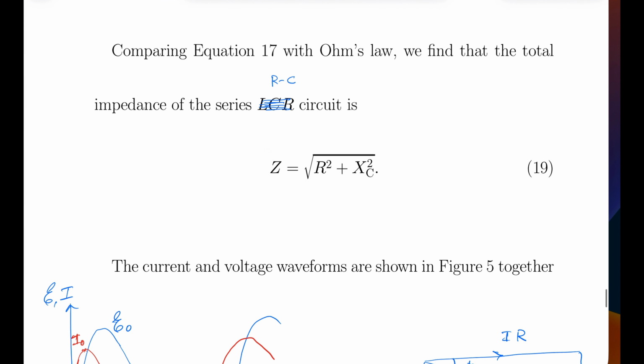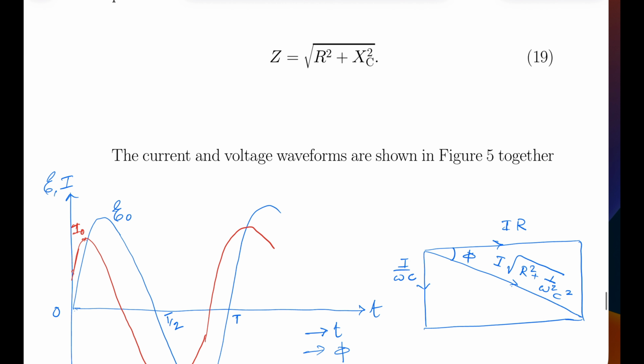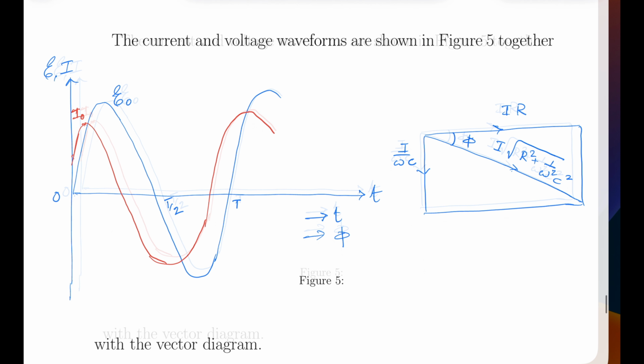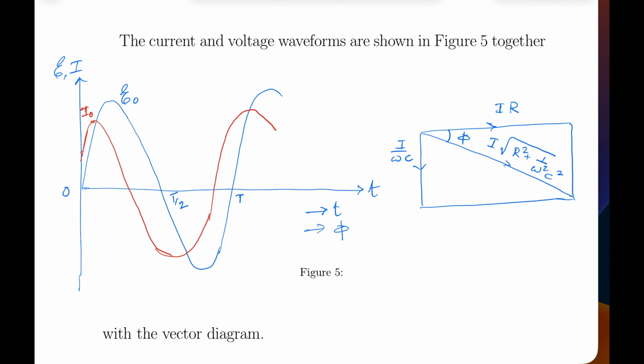The current and the voltage waveforms are shown in figure 5 together with the vector diagram. We see from figure 5 that the EMF lags behind the current. This is the curve for the applied EMF, and this is the curve for the resulting current. Clear?